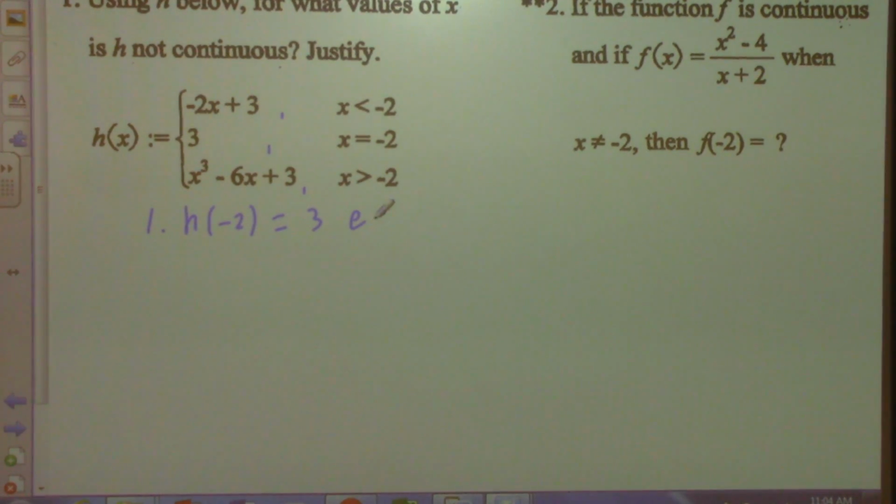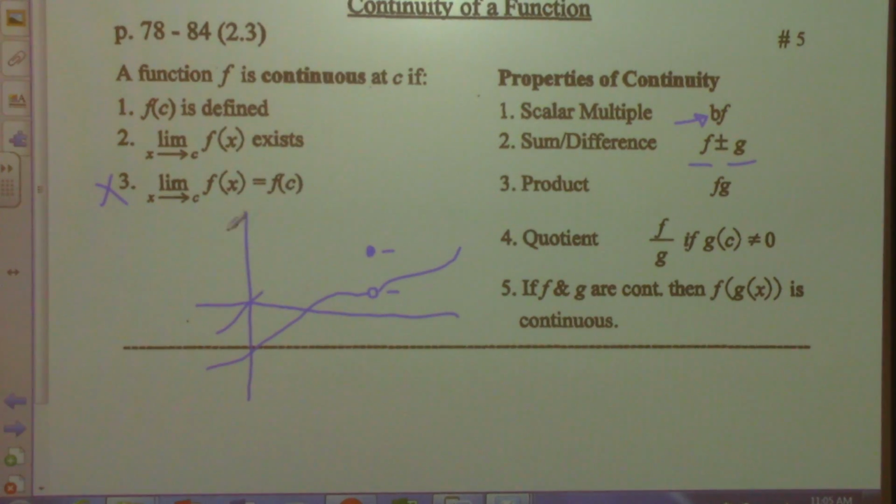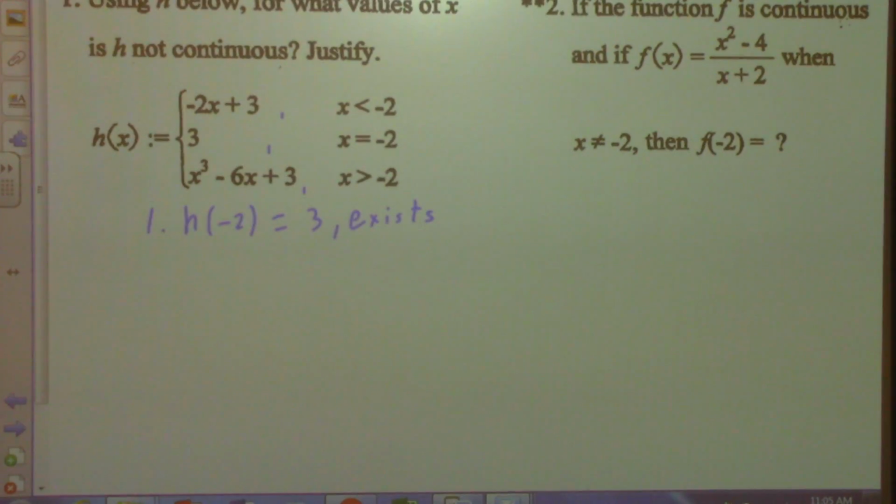So we know that this exists, right? So which condition did we meet here? Remember the conditions I had? 1, 2, 3 conditions. Which condition was met here? The first condition. Okay, and I just wrote number 1.